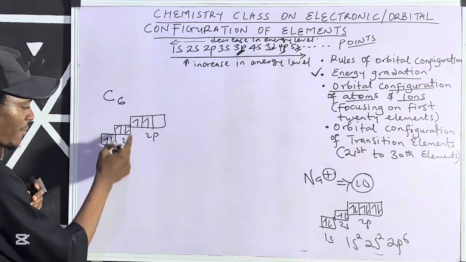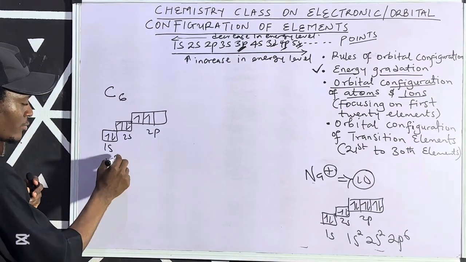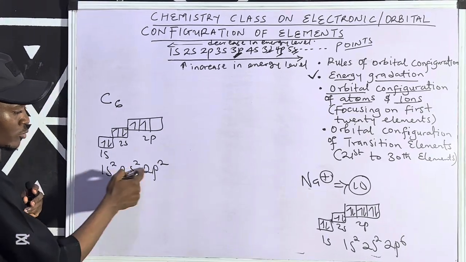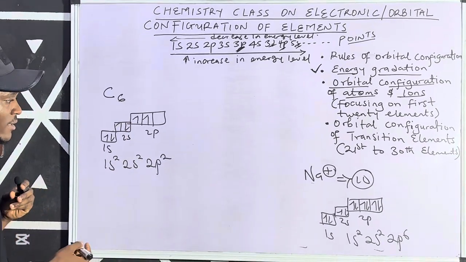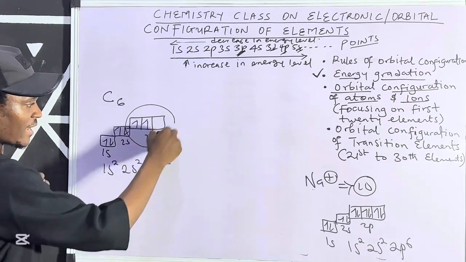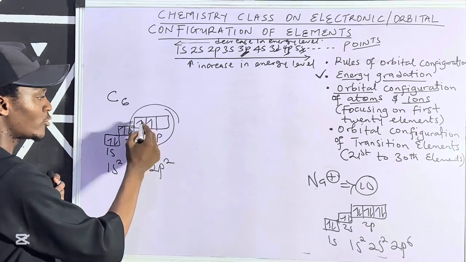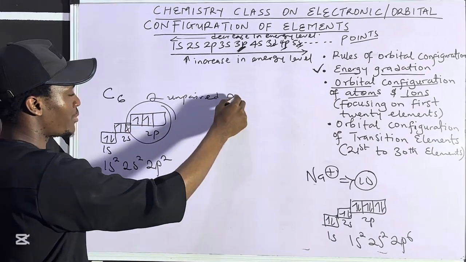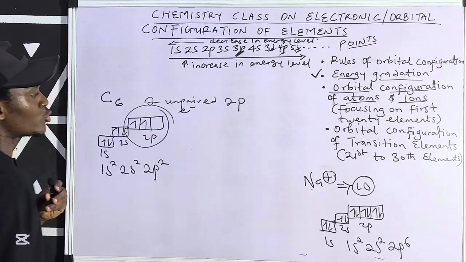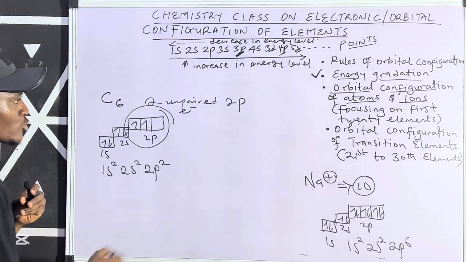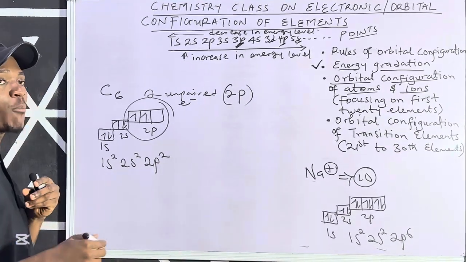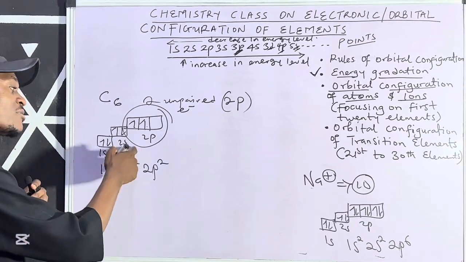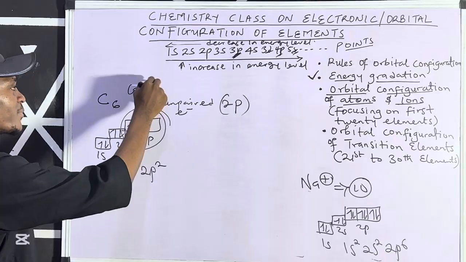If I'm bringing everything together, it should be 1s2, 2s2, then 2p2. So 2, 2, 2, that should give us a total of 6. What do you notice? In the 2p, how many unpaired electrons are here? 2. 2 unpaired electrons are there in the 2p orbital. So if you are now asked how many unpaired electrons would be in the 2p orbital of carbon in an excited state, this representation is known as the ground state.